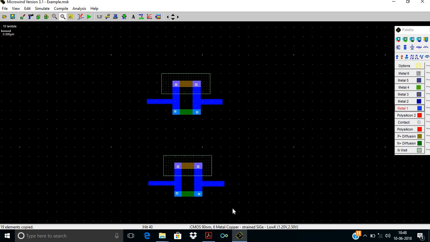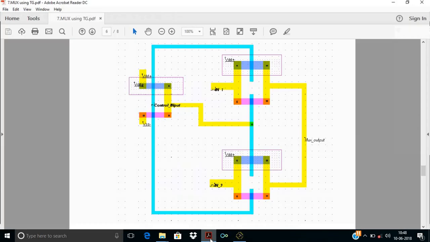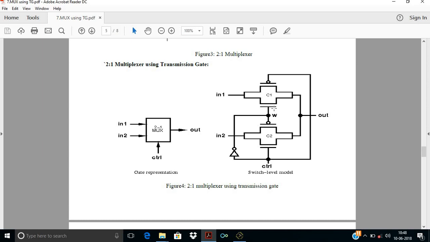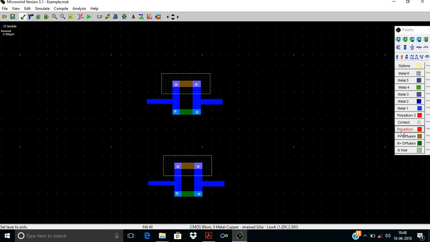Now I will short the polysilicon. This connection tells us that the gate of NMOS and gate of this PMOS are shorted together. Now we will make this connection by using polysilicon layer.